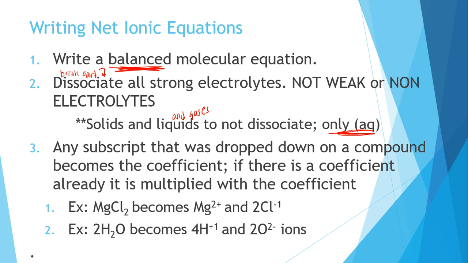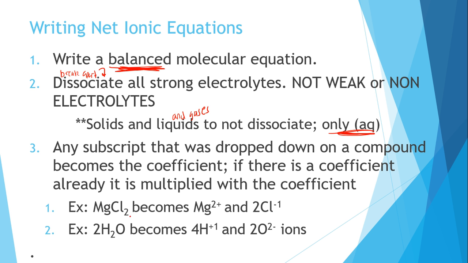The next one is the most complicated one for people to grasp, and that's what happens for subscripts. So any subscript that was dropped down as a charge on a compound, which means it doesn't normally belong there, actually becomes the coefficient. What that means, for example, MgCl2.